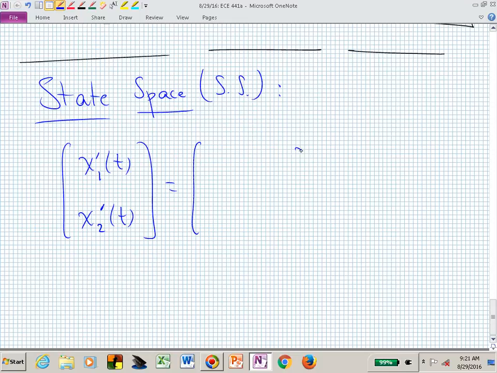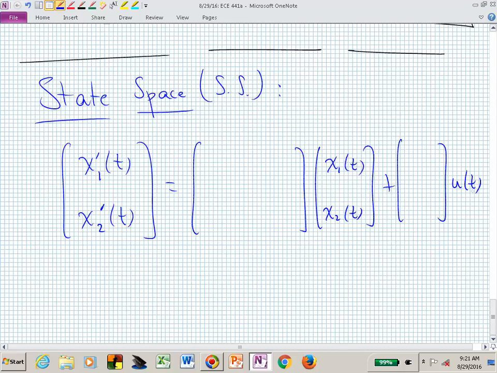That's equal to something times x1, x2, the state vector, plus something times u of t. x1 prime was just x2 and no input, meaning the top row is 0, 1, 0 in the system matrix and the input matrix.